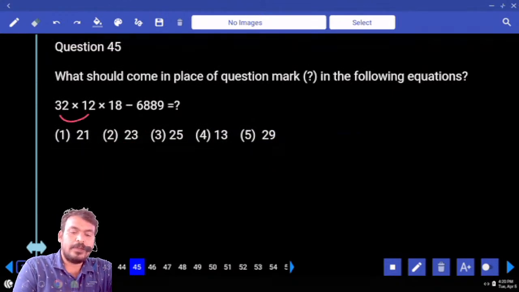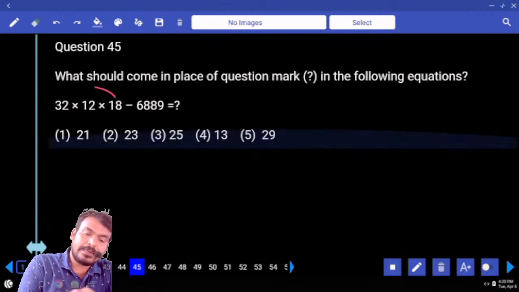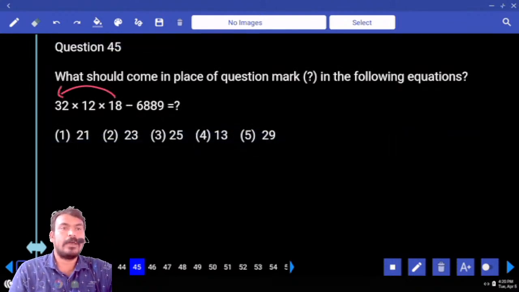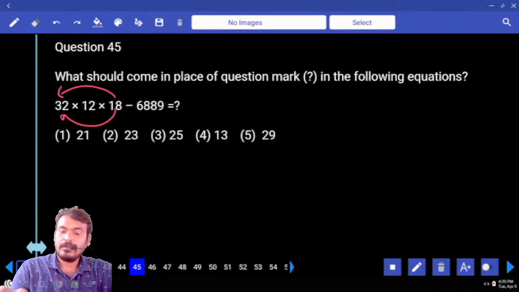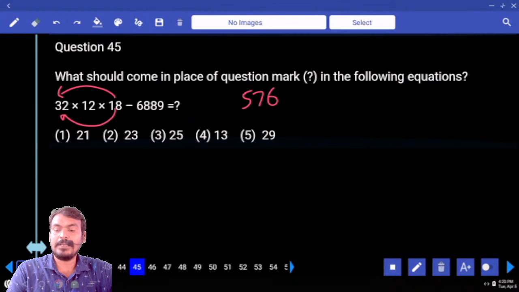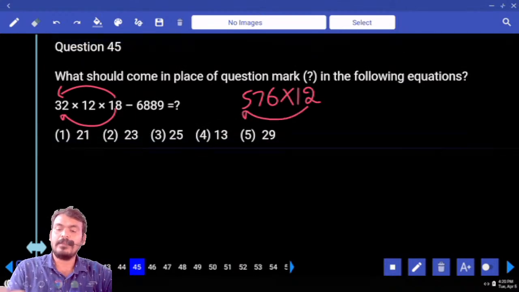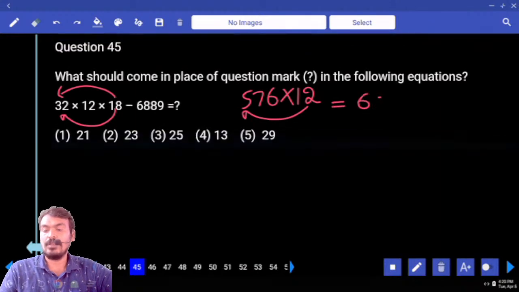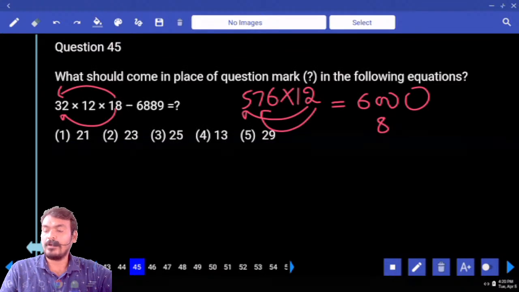32 into 12 into how much value? 18, or not? First 18 30s is how much? 540. 18 2s are 36. Total it is 576. Into how many times we need? 12 times, or not? 12 into 500 is 6000, or not? 12 into 70 times is 840, or not?